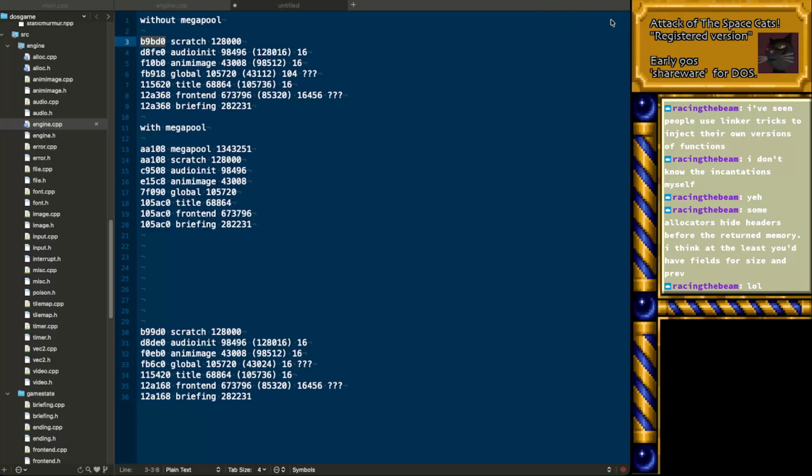Where's that value gone? B9BD0. Yes, B9B0 is a difference of 512 bytes. Is buff size, by any chance, 512 bytes? I bet it is.